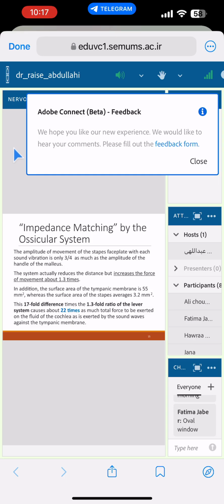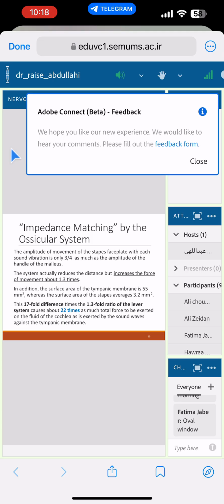This 15-fold difference comes from 55 square millimeters divided by 3.2 square millimeters. 55 square millimeters is the surface area of the tympanic membrane, the eardrum, and 3.2 square millimeters is the surface area of the stapes. The stapes is the third ossicle, which is connected to the oval window.